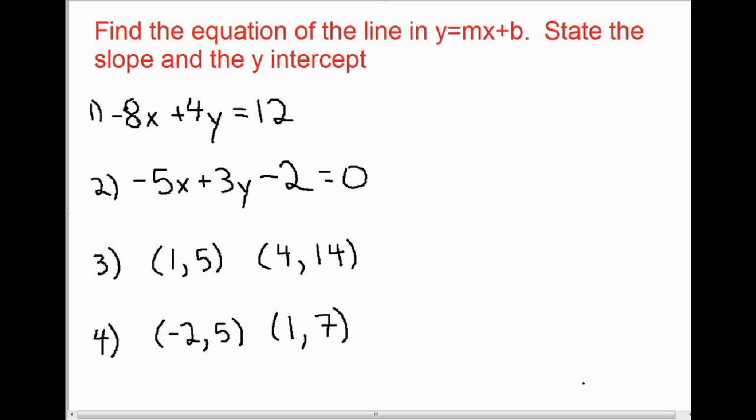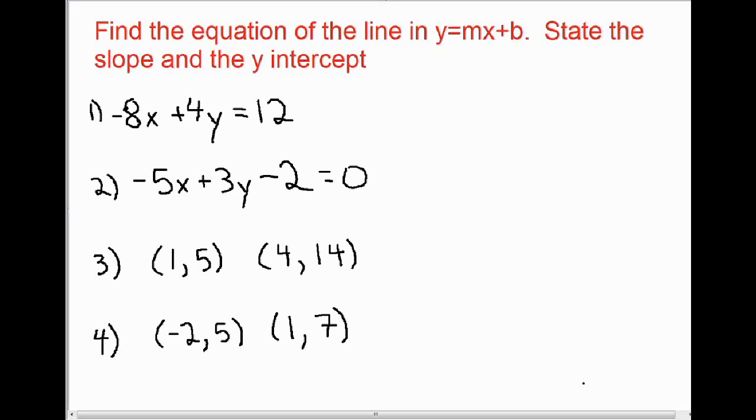Get y by itself on the left-hand side of the equation. With the third and fourth question, I've given you 2 points on the line. So you're going to have to first calculate the slope using our equation for slope, and then sub that into y equals mx plus b, sub in one of the coordinates, and isolate b.